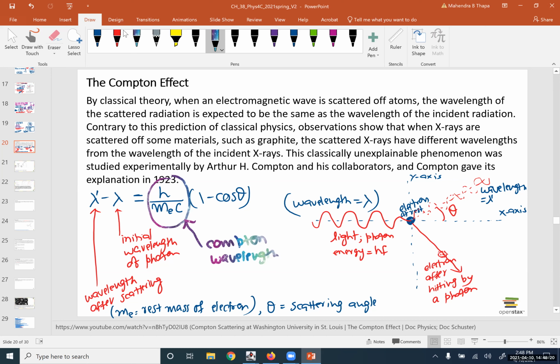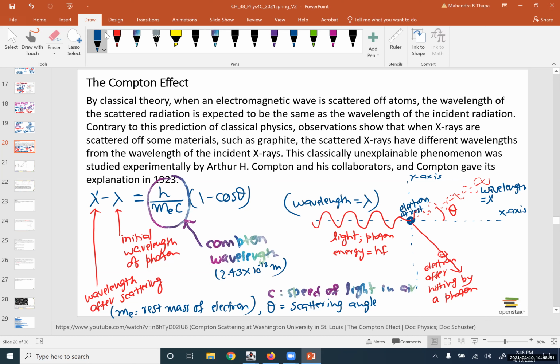If you plug in the values of h, the mass of the electron, and c, the speed of light, this comes to be close to 2.43 times 10 to the power minus 12 meter.